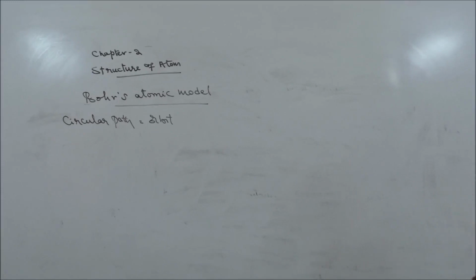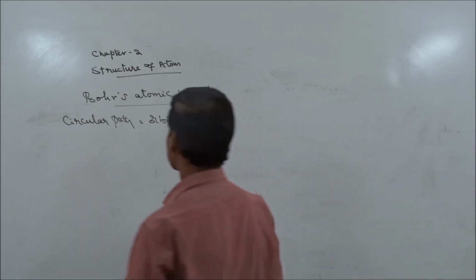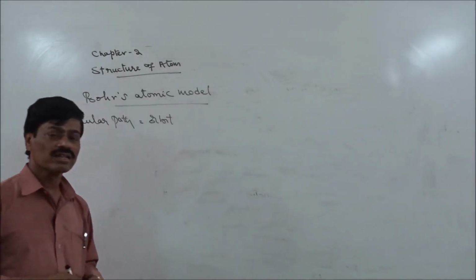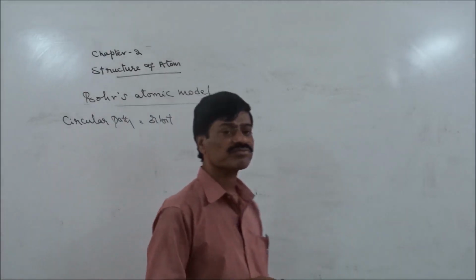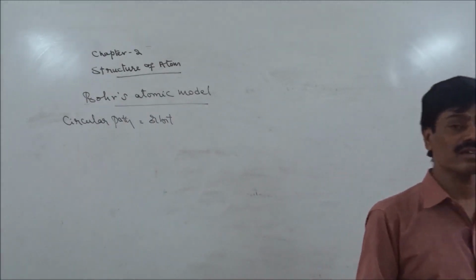And in that case, Niels Bohr got a particular spectrum in the case of hydrogen gas. Each molecule of hydrogen gas is made up of 2 hydrogen atoms. And Bohr could explain the spectra of hydrogen and hydrogen-like systems.